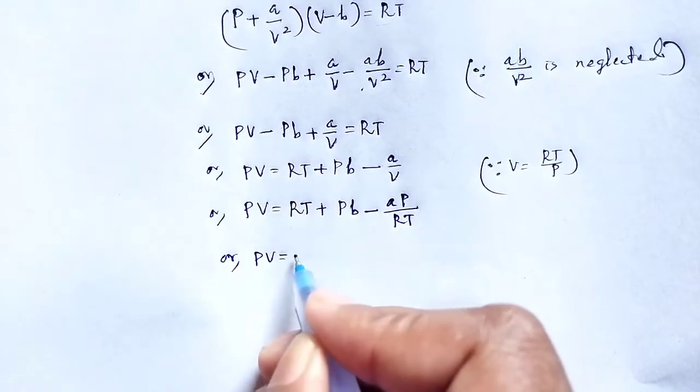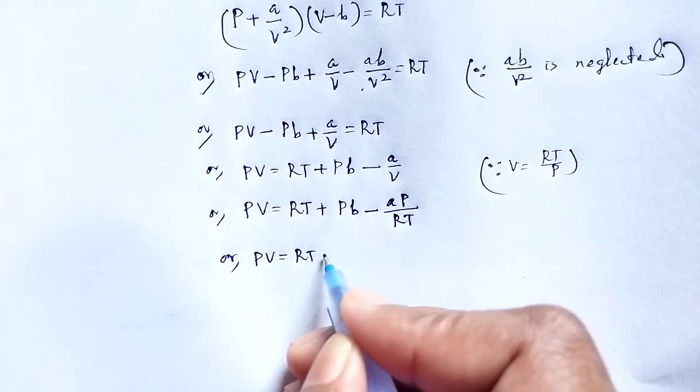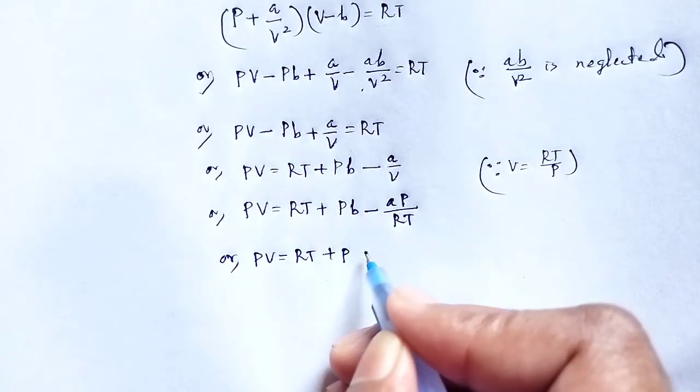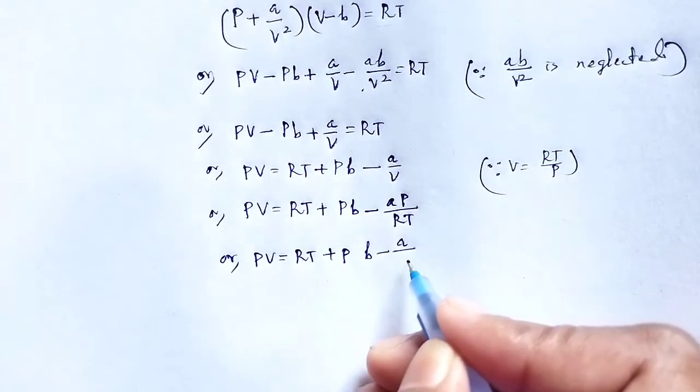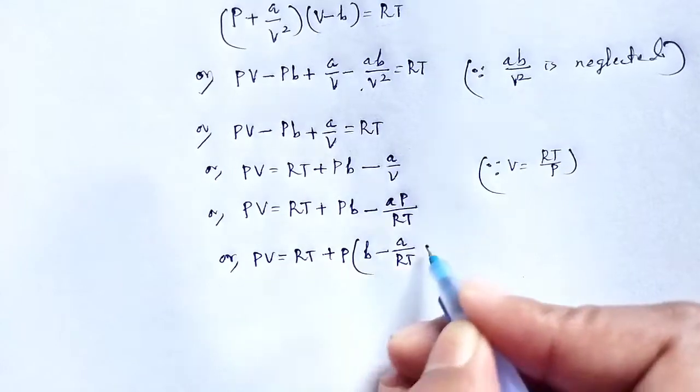So PV is equal to RT plus P as common, B minus A divided by RT.